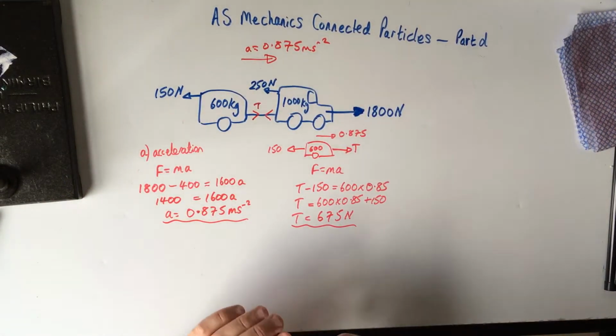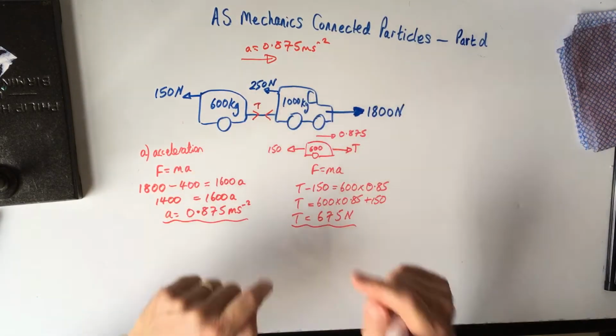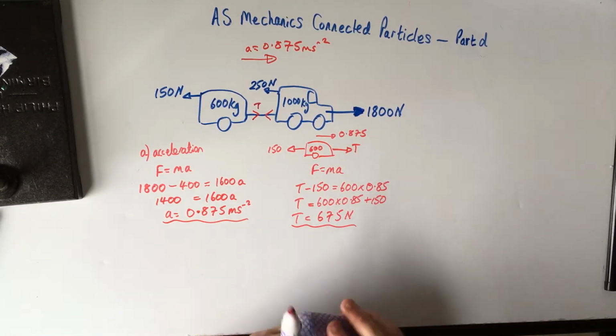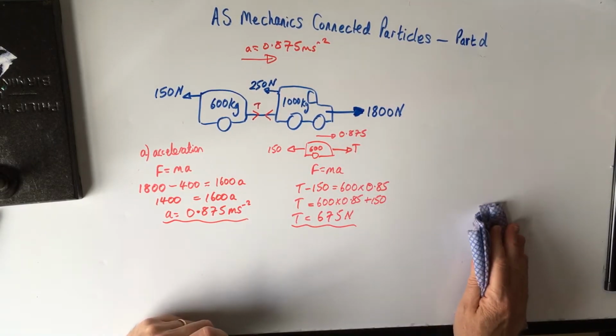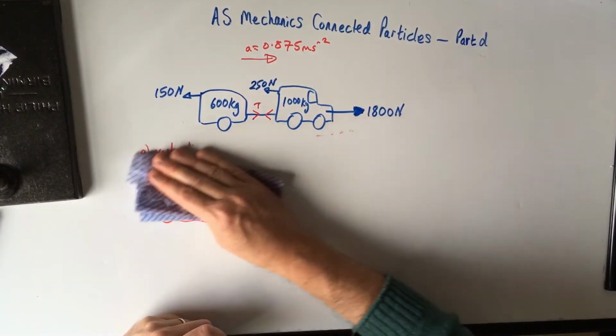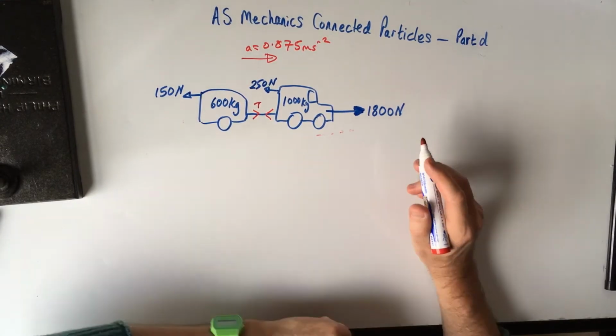And what we do then is, when it's braking, it creates what we call not a tension but a thrust. Okay, so on this particular question, let's get rid of those now. That's the first part.